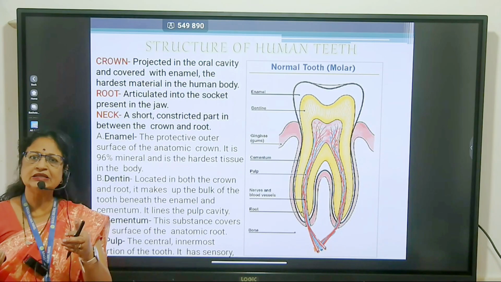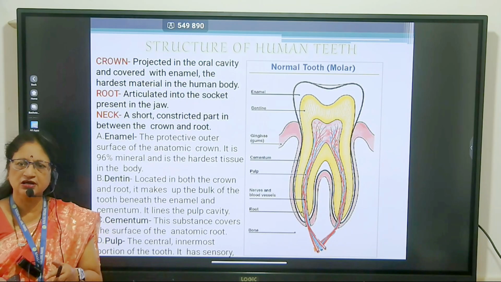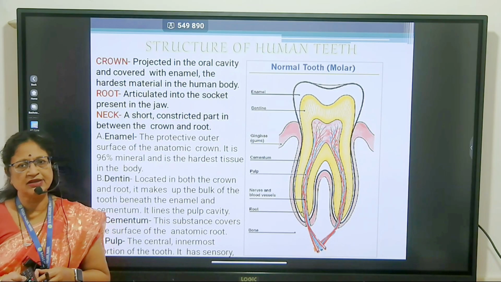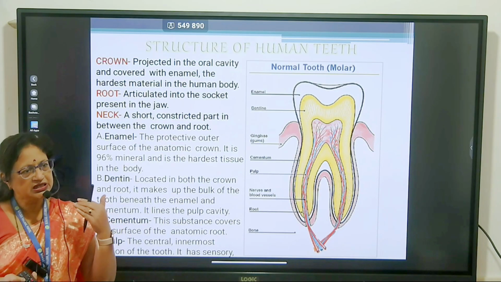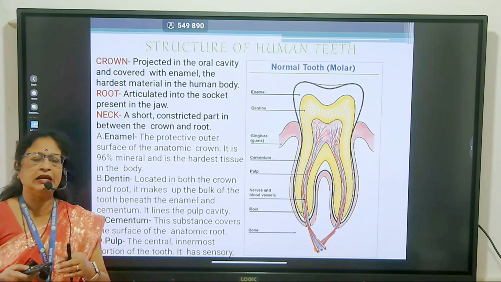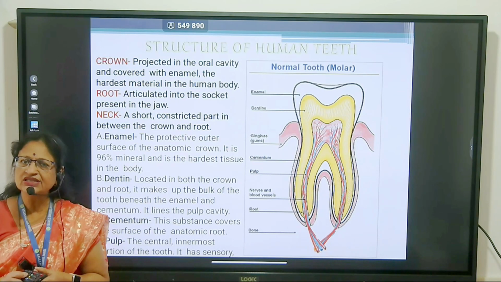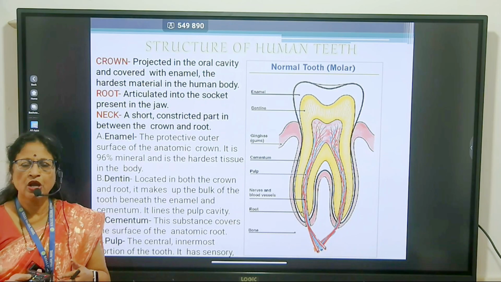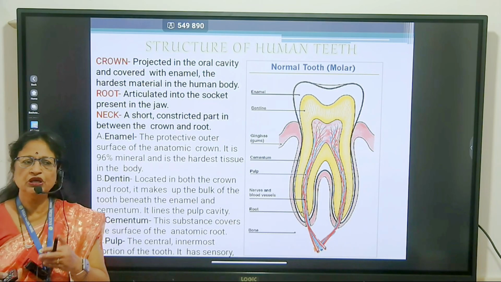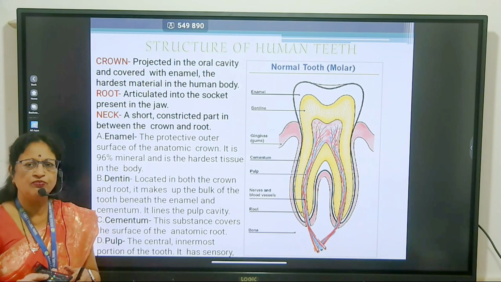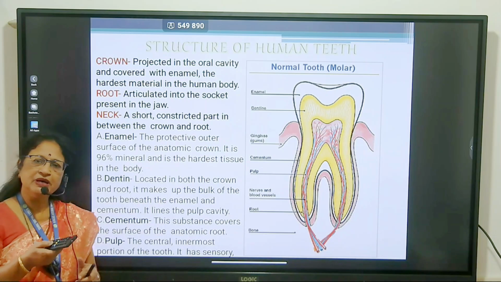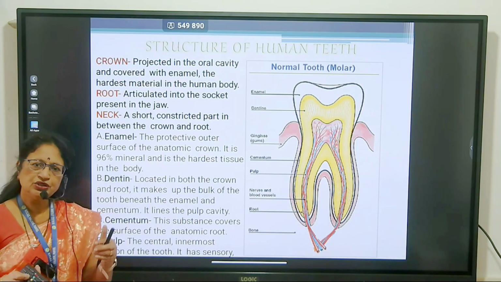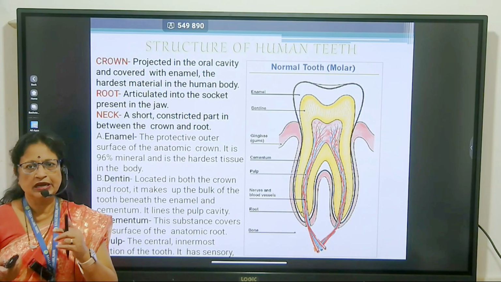This is the whitish colored structure visible from outside. It is called the crown, and the structure embedded into the bony socket is called the root. It is fixed. We can't observe this root from outside.